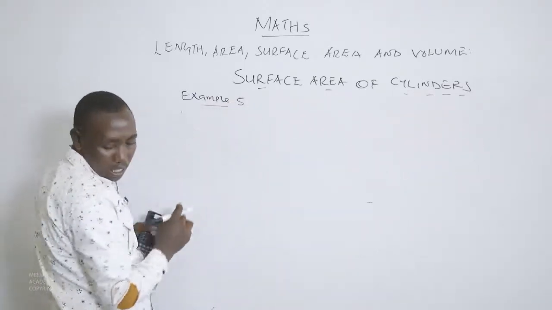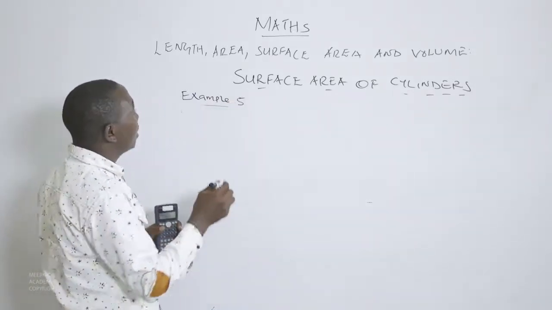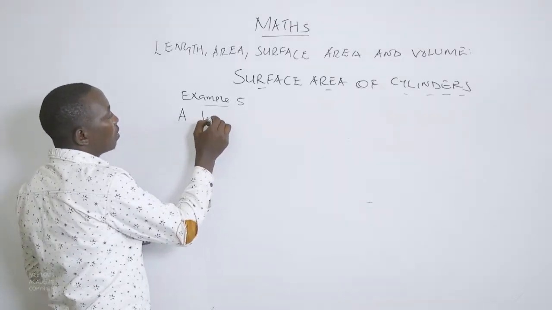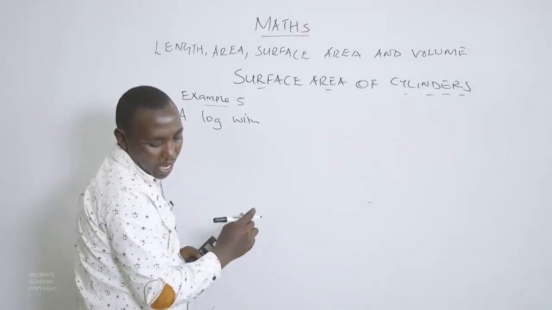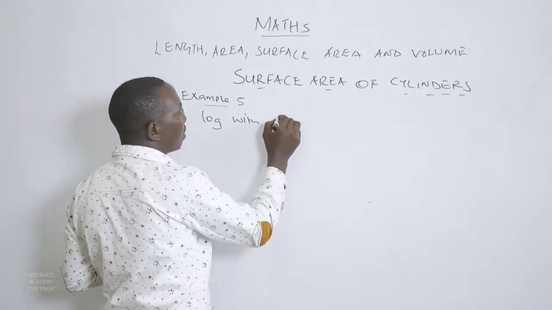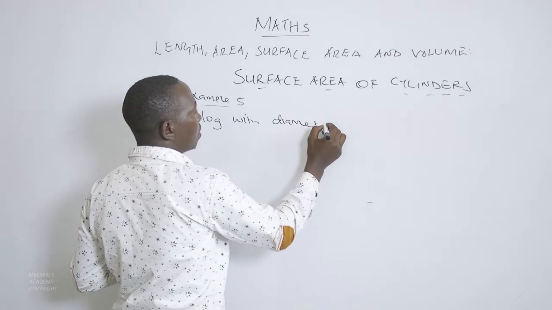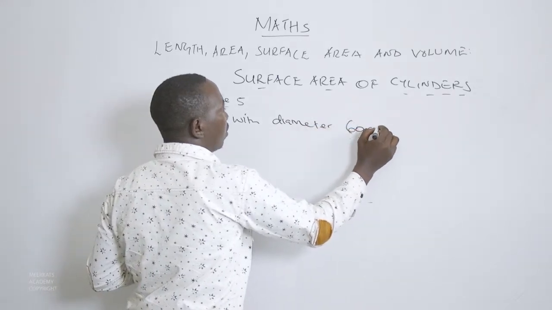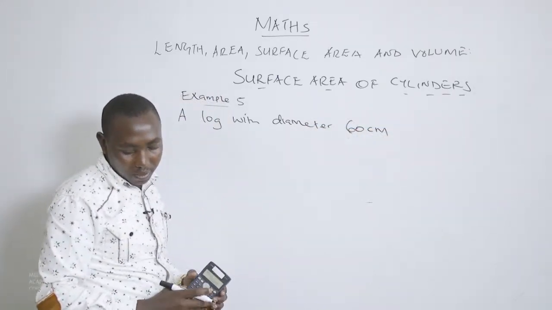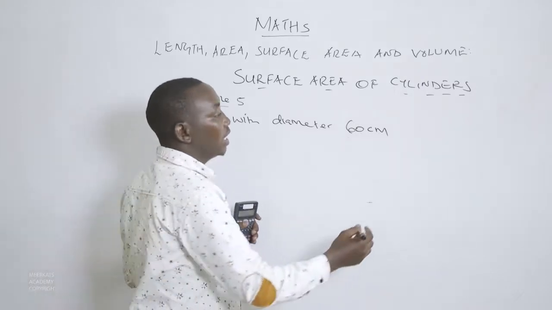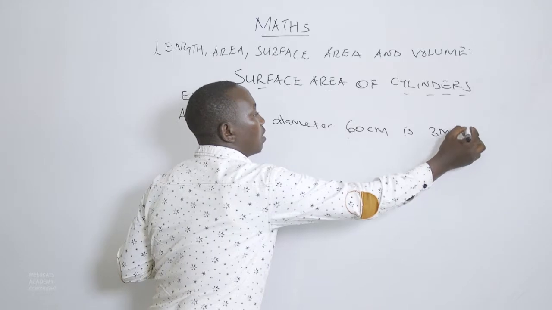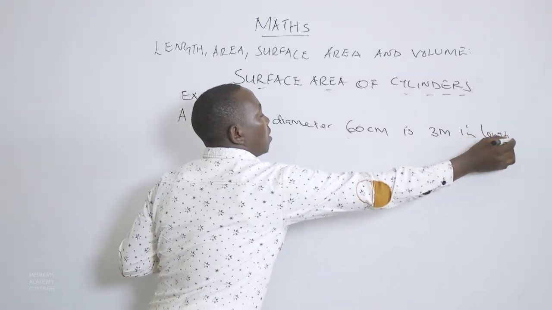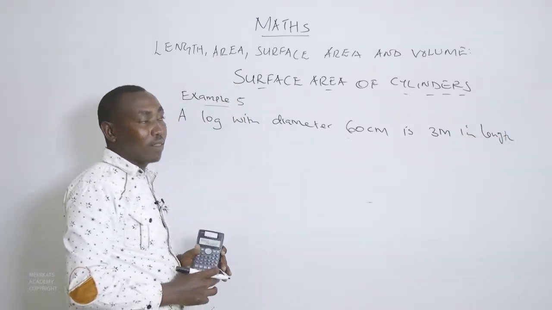Example 5. We are told that a log with a diameter of 60 centimeters is 3 meters in length.